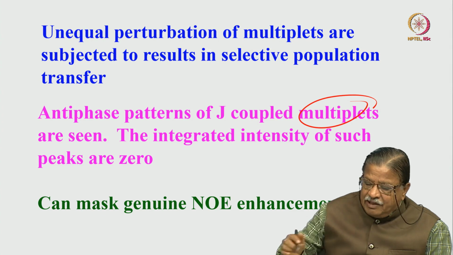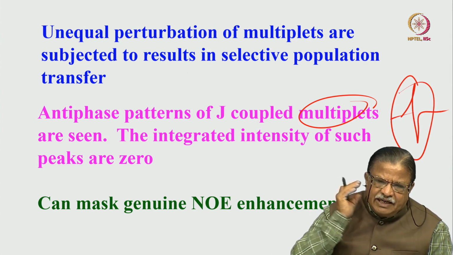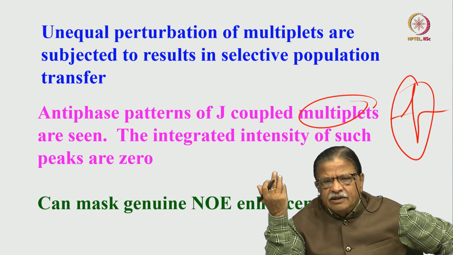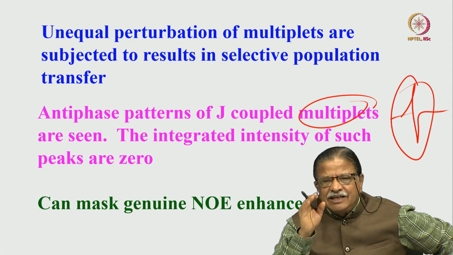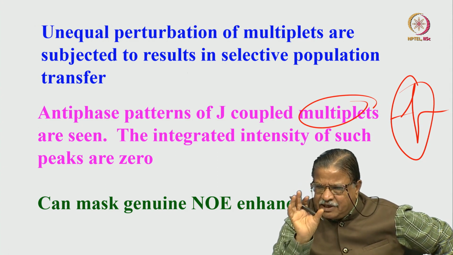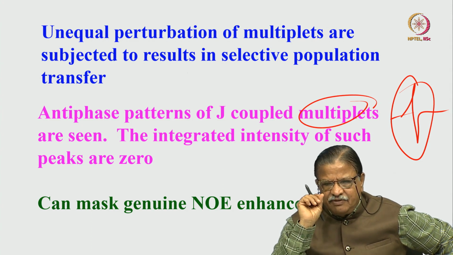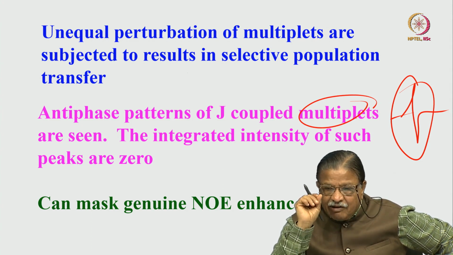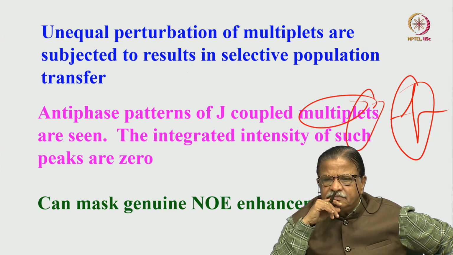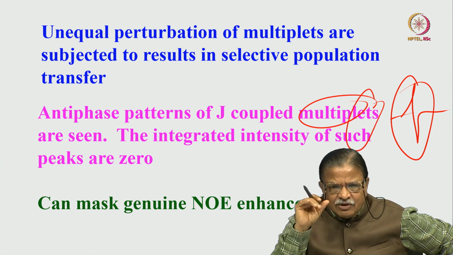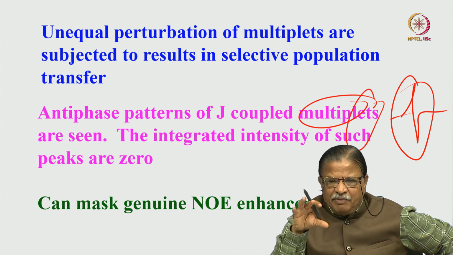If you take the positive and negative intensity of the antiphase signal, the integral area of that is 0. So, if you do not saturate the multiplets of the peak properly, unequal perturbation can give rise to antiphase multiplets, and the total area of that particular multiplet becomes 0.